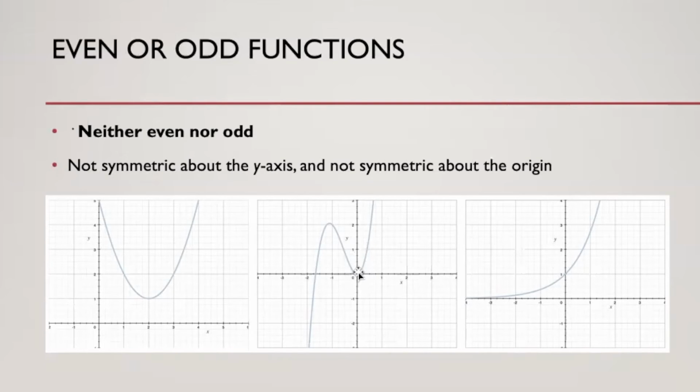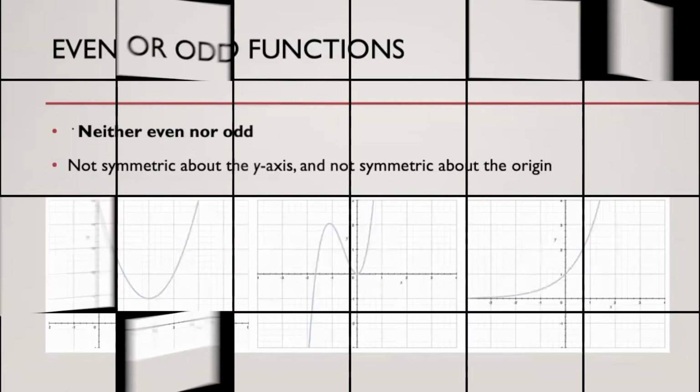And even though you would have said, oh, it's symmetric around the y-axis, however, this part is not on the other side. Same case here, and looking at this, this is the exponential function. So here it is not symmetric around the origin or the y-axis, so it's neither even nor odd.